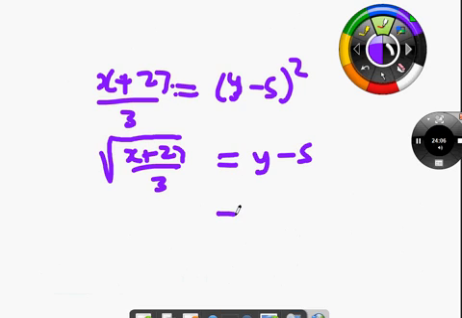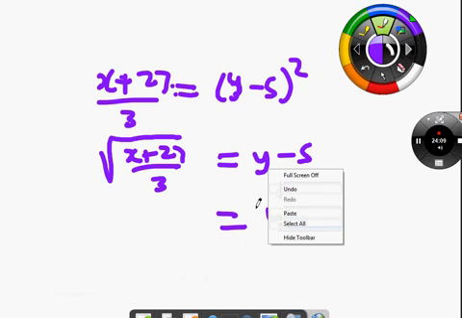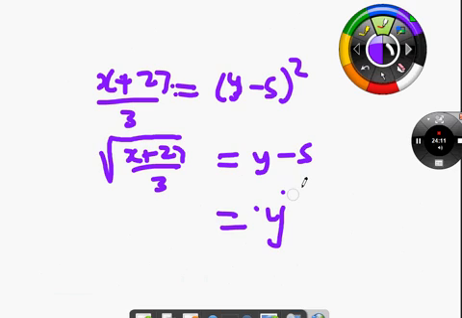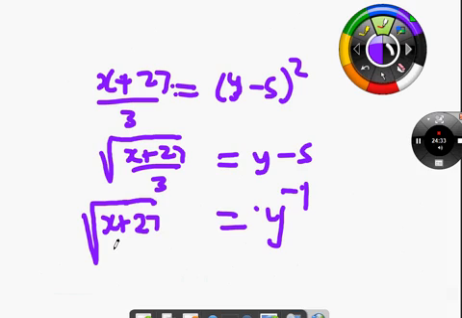Then to find our y inverse, it's going to be equal to the square root of x plus 27 divided by 3, then plus 5, like that. This gives us the inverse function.